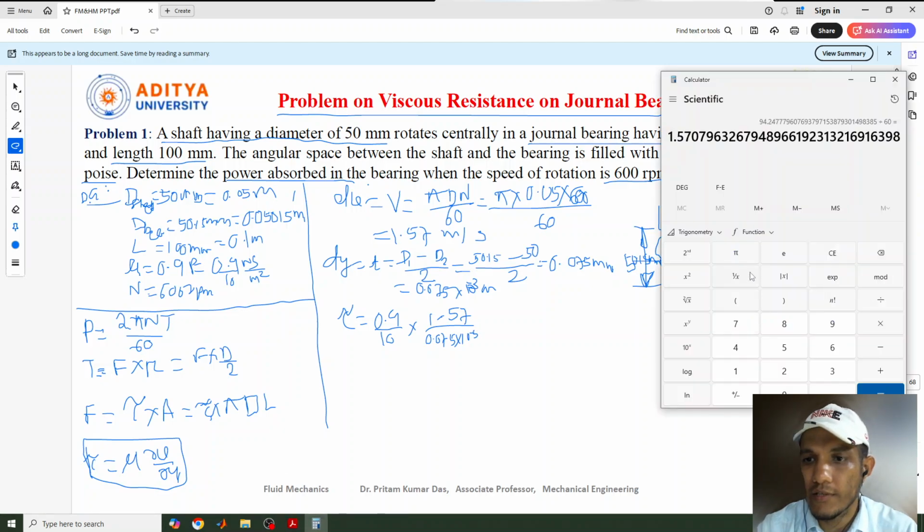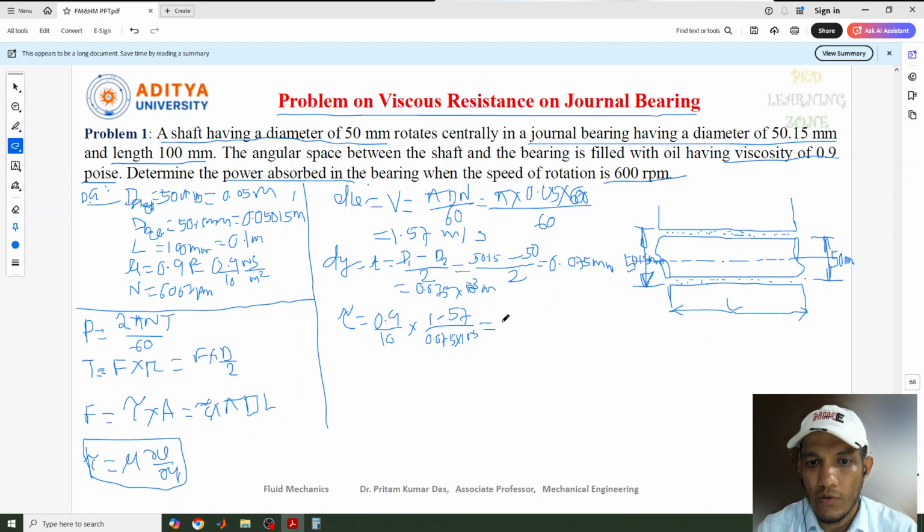So let's solve this. Multiply 0.9 and divide by 0.075, we get 18.84, and again divided by 10 gives 1.88 into 10 to the power minus 3.